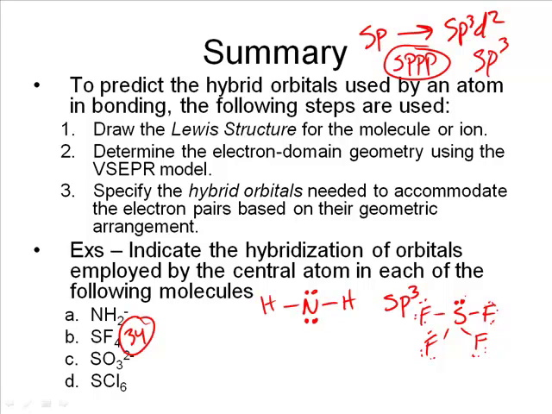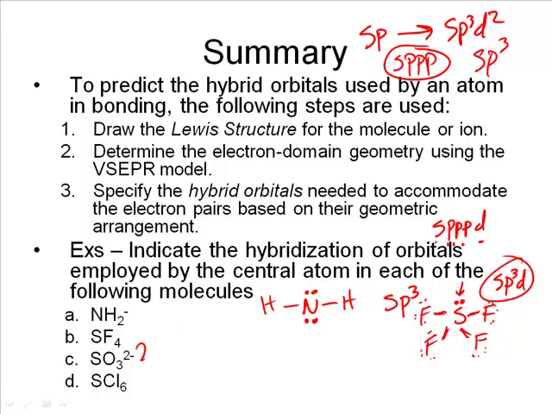So again, let's count these up. 1, 2, 3, 4, 5 goes s, p, p, p, d. This is sp3d hybridized. Now you might be thinking, well, why didn't you just tell us at the beginning? Why did you go through all that explanation? Because I think it's kind of cool and it's fun to learn why it actually is sp3d hybridized.